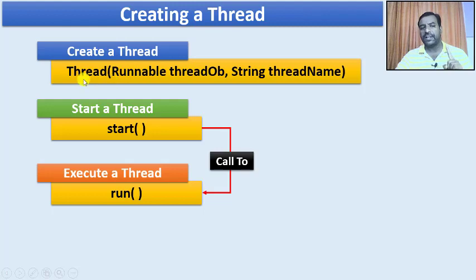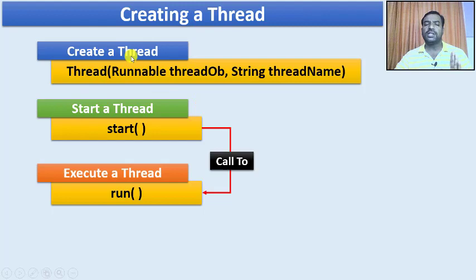As I told you, the Thread class has its own set of constructors, starting from 0 parameters up to a number of parameters. So right now I'm going to use this two-parameterized constructor. I'm just going to tell to which object the thread should be attached and what the name of the thread is. I should give these two pieces of information whenever I create a thread right now.